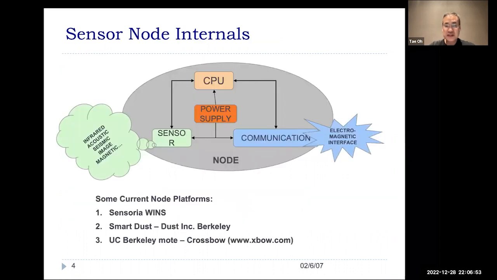When you look at the sensor network internally, these are the minimum components it needs to have. We're talking about the CPU, the processing power, which is very low. Another thing is the power supply. We're talking about battery power, not electrical power.